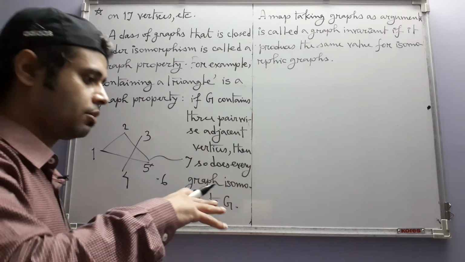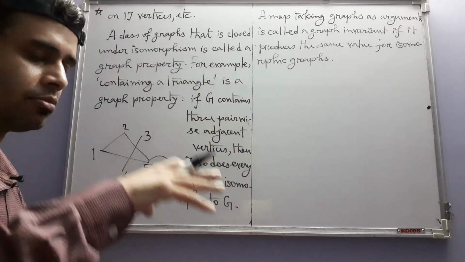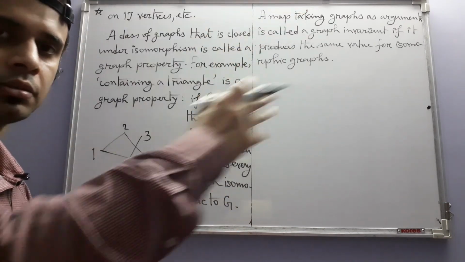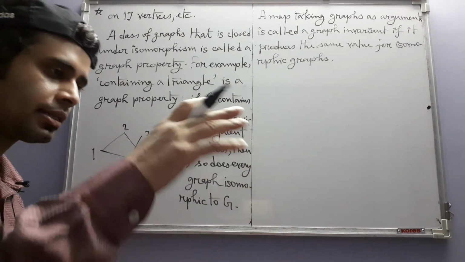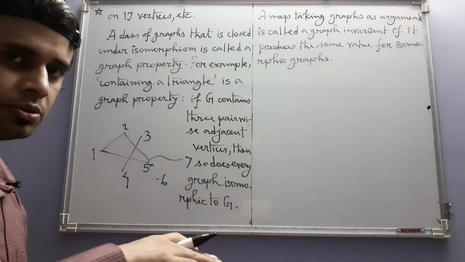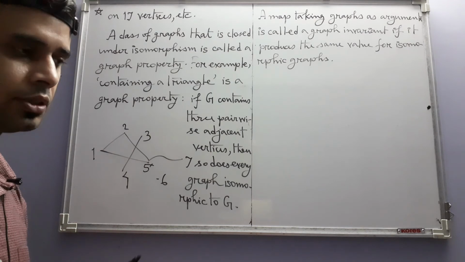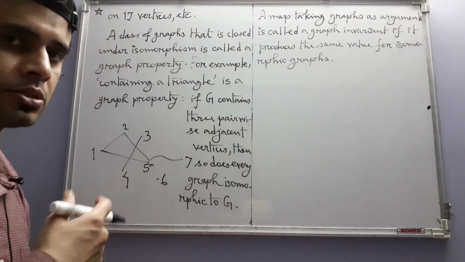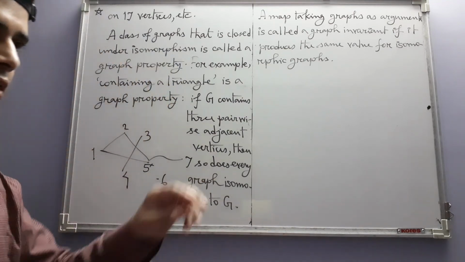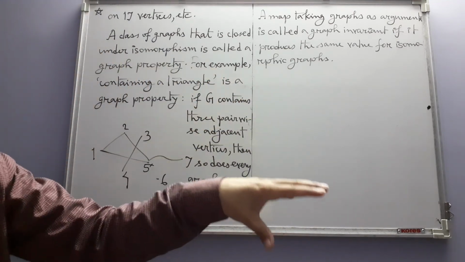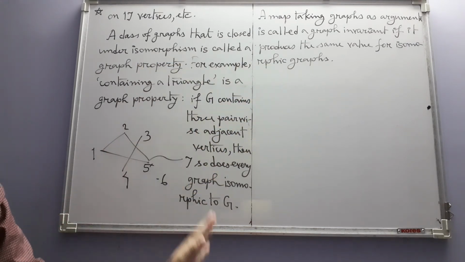Okay. Now if you put one graph as input and the output is something in that map, and you put another graph that is isomorphic to the previous graph as input, then you get the same output. If this continues to happen, that is, the function generates the same value for isomorphic graphs, then such a function is known as a graph invariant.